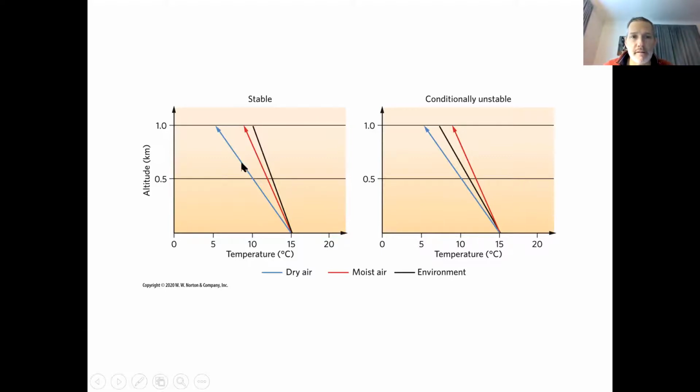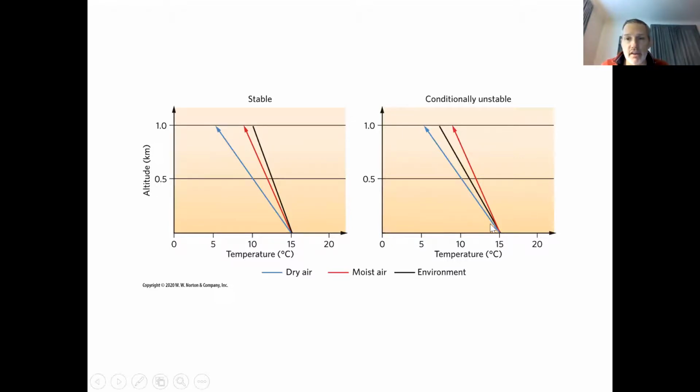And so as a response, if we have stable conditions, both the moist air and dry air, when it rises, is always going to be cooler than the environmental lapse rate. And so that air is going to want to sink back down. But if we look at the right here, we have this conditionally unstable air.